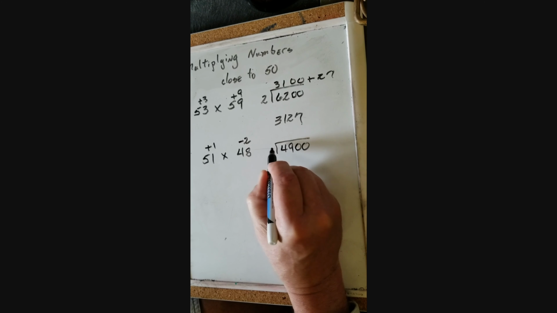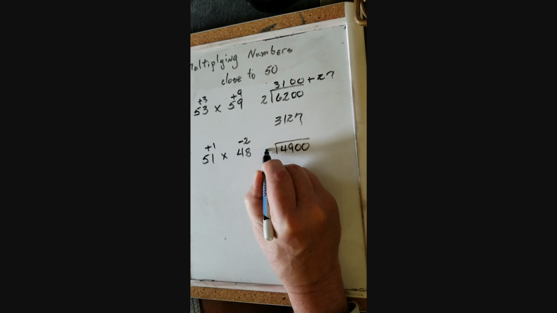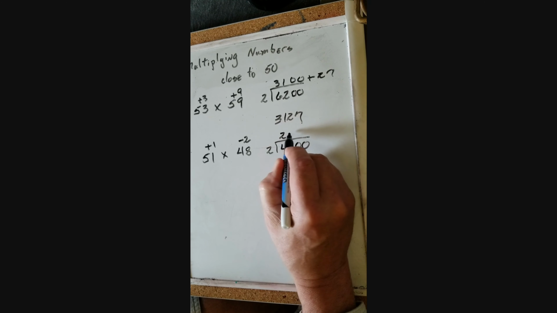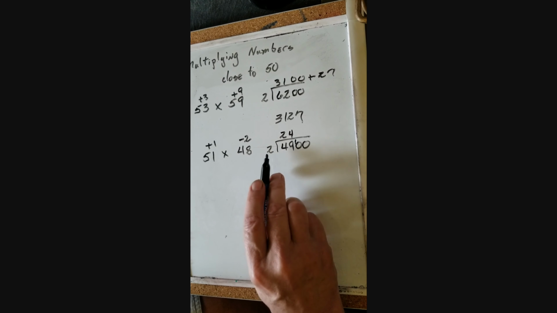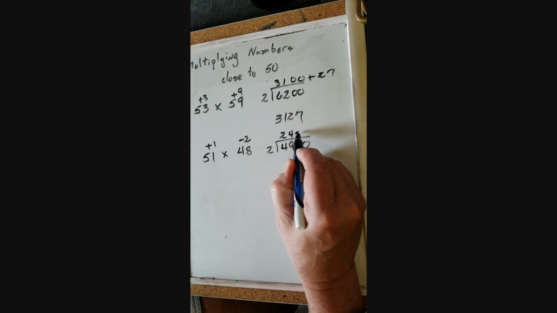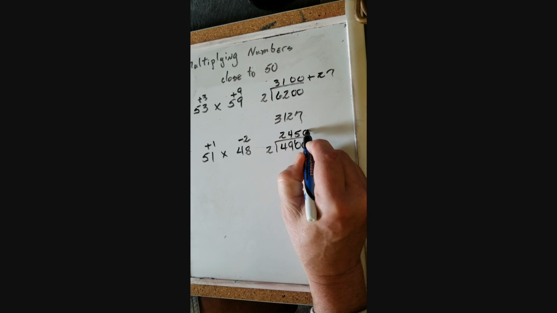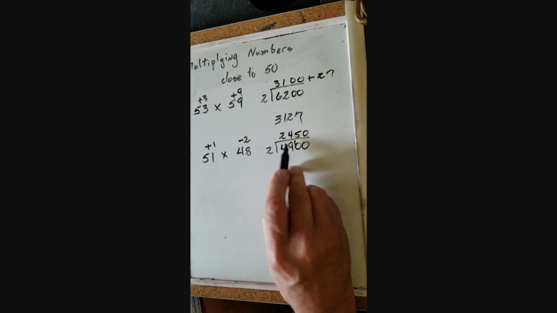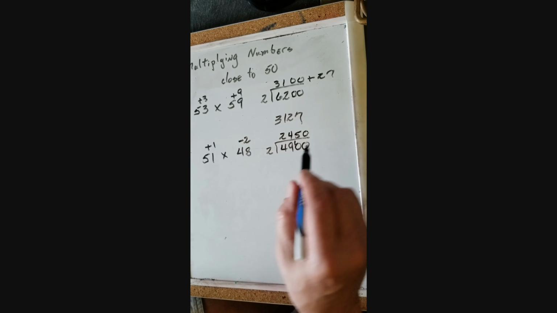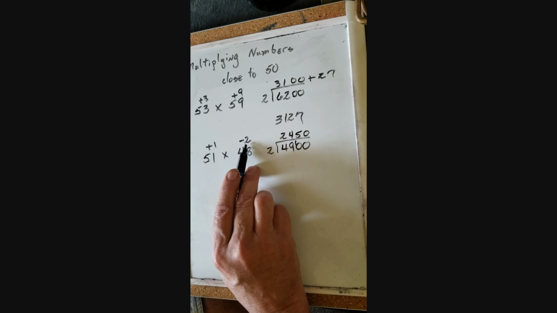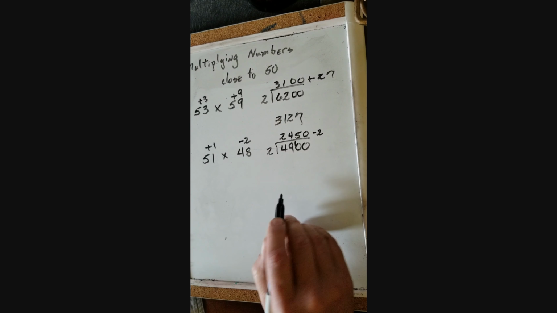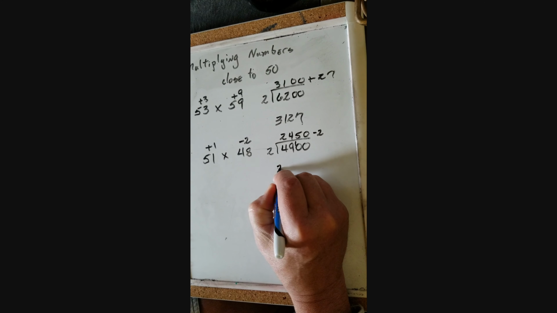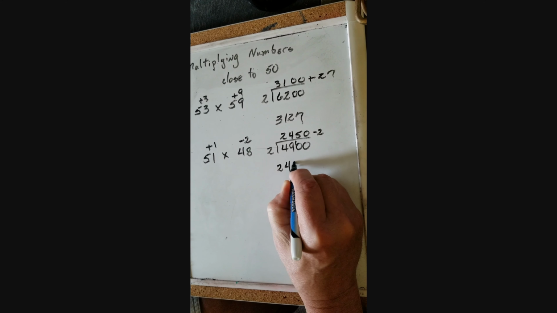Divide by 2. 2 goes into 4 2 times. 2 goes into 9 4 times, with 1 left over. 2 goes into 10 5. We don't have a remainder, so this is just 0. So 2,450, and this is 1 times negative 2, so we're going to subtract 2, or plus negative 2. So our answer is 2,448.